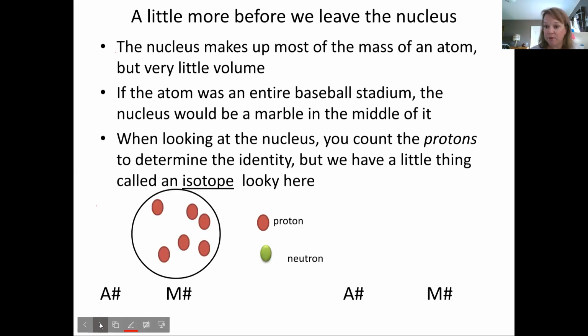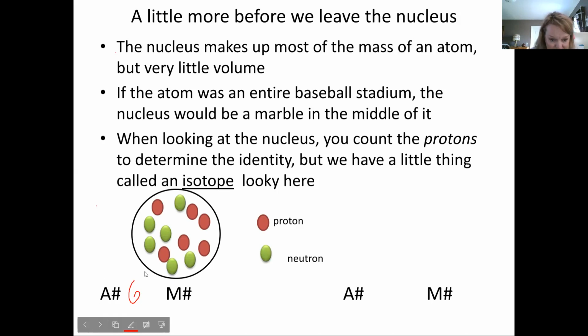Look at your periodic table. What element do I have? Got carbon, right? So if we have carbon, that means my atomic number is going to be 6. Now, let me go ahead and put in some neutrons. This particular one that I'm talking about has 1, 2, 3, 4, 5, 6 neutrons.